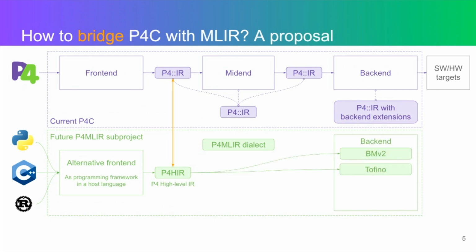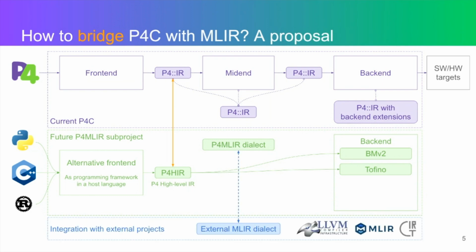And second, we can further define different dialects that model the backend target. Well, this does not add new value to the existing P4C compiler, but if we aim to use MLIR as a main framework to build P4C, then this might be something we need to do.